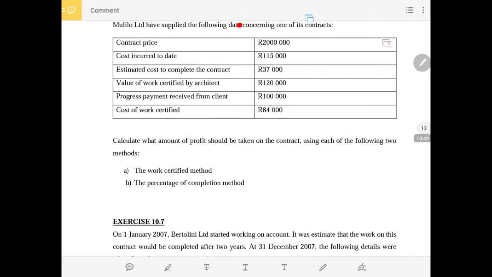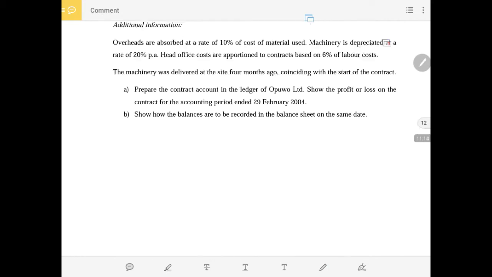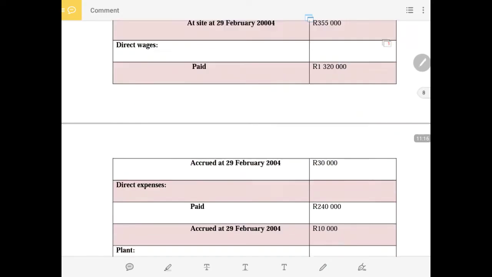Now, we are required to calculate what amount of profit should be taken on the contract using each of the following 2 methods. We are using here the work certified method, and we are using here the percentage of completion method, which is the near completion method. Now, I just want to bring another thing that is very important.